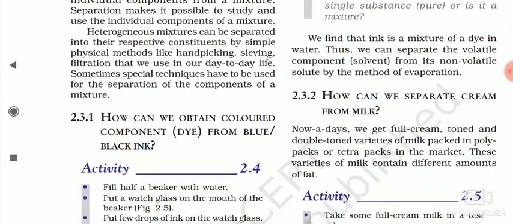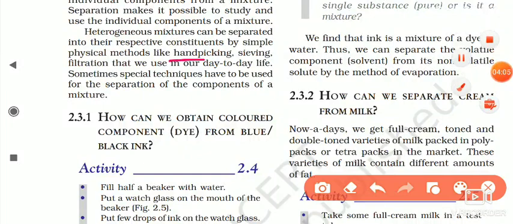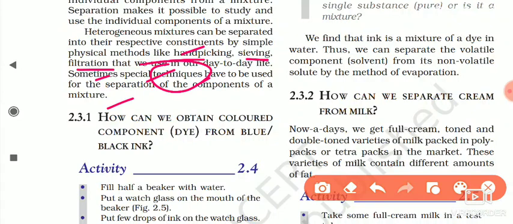Okay, means by using simple physical methods like hand picking, sieving, filtration, we can separate the things. Sometimes special techniques have to be used for the separation of the components of a mixture. Here we will discuss one by one the different techniques to separate the things.